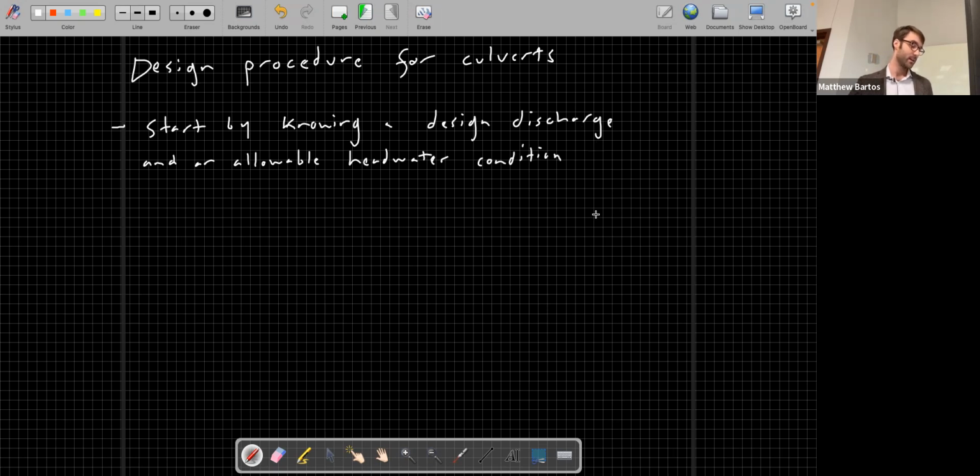Okay. All right. We may also know the desired tailwater condition as well. I'll talk a little bit about what these terms mean. What do you think I mean by headwater condition?